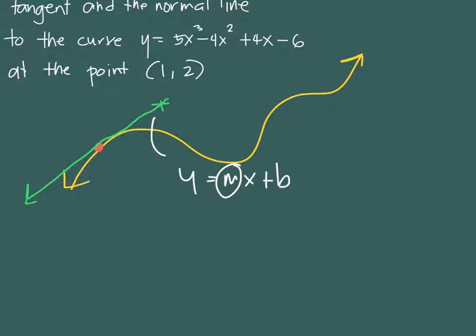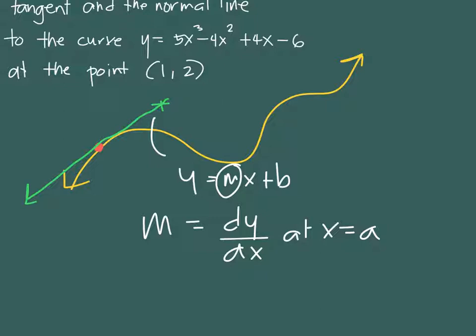Meaning to say, m is the dy over dx at the specified value of x. If I say it passes through the point 1, 2, my a is equal to 1, because the point is 1, 2.